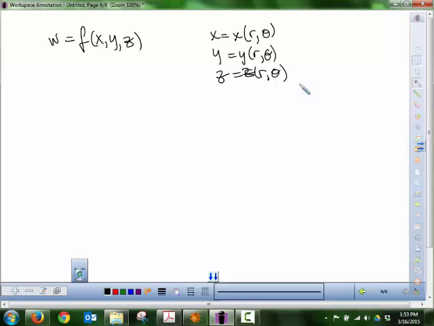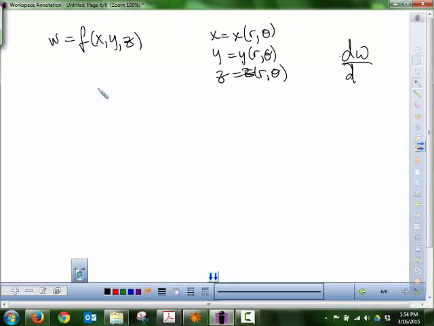So what derivatives could I possibly ask for here? dw over dr? Wait, straight or partial? Okay, so what? dw d theta, dw dr. Those are the two possible things. Now the question is a straight d or a partial d?